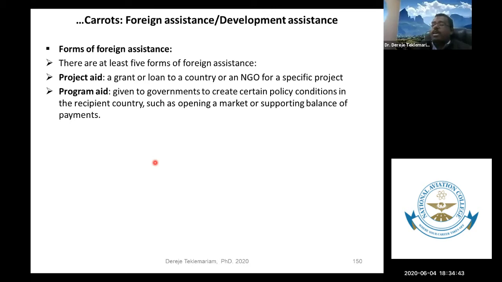And they repeatedly provide training on this. So really, it's very important what type of assistance it is.